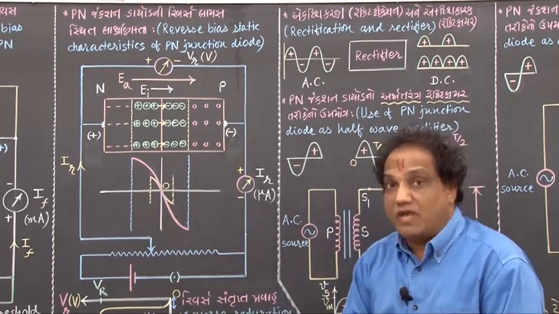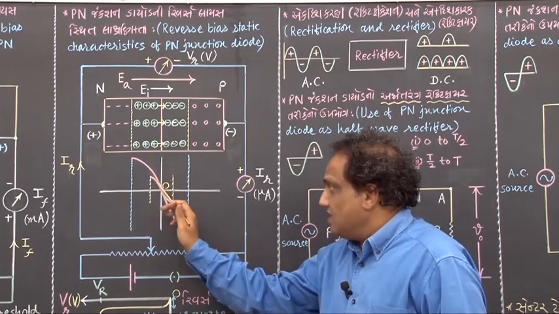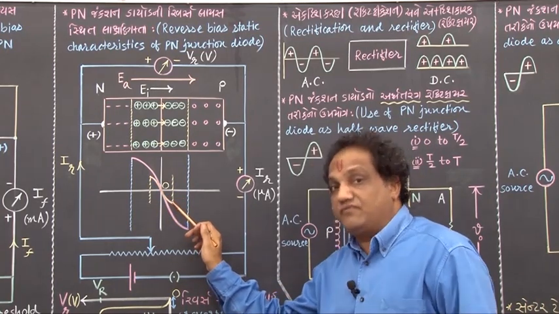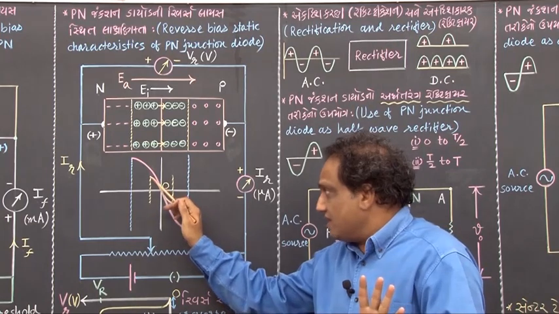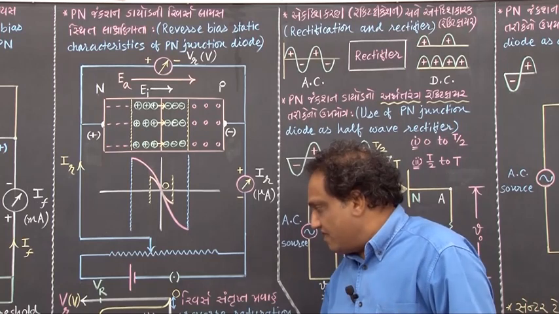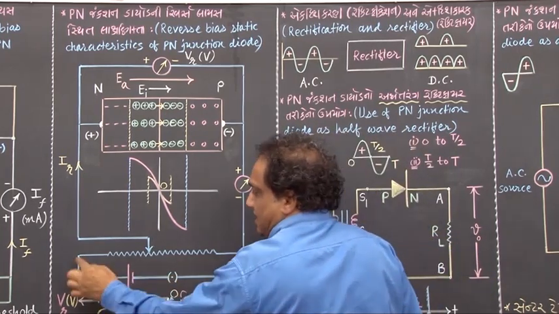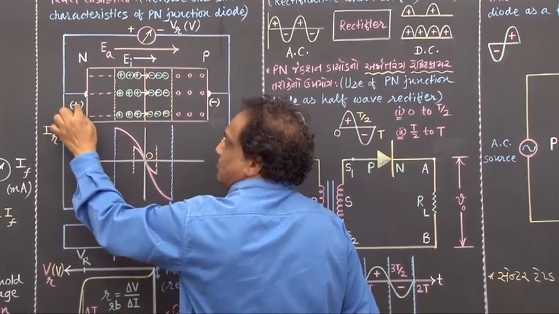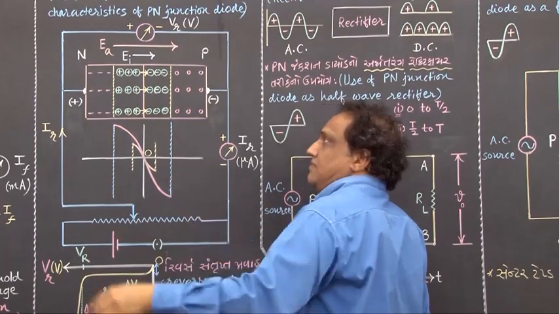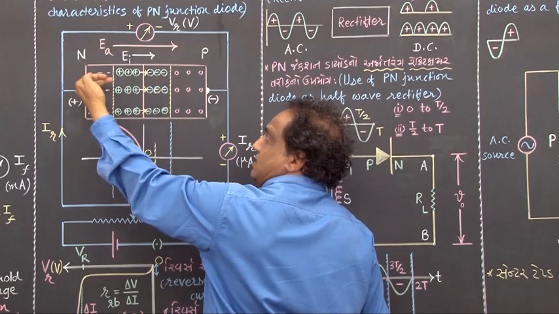Now tell me, what will happen here? Before you put this key, this is the original distribution of electric potential in the depletion layer, which we call the depletion barrier. So the depletion barrier is this initially, correct? But later on, when we put the key, look, this positive terminal is connected here. So this potential is positive, similarly this potential is negative. Now the electric field inside this depletion layer is from positive to negative, towards the right hand side.